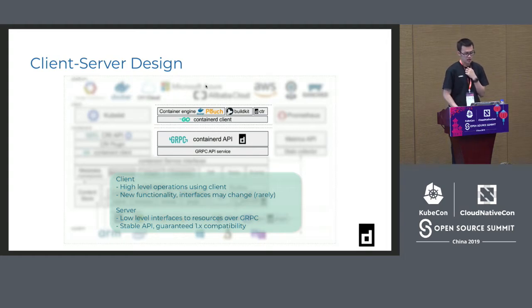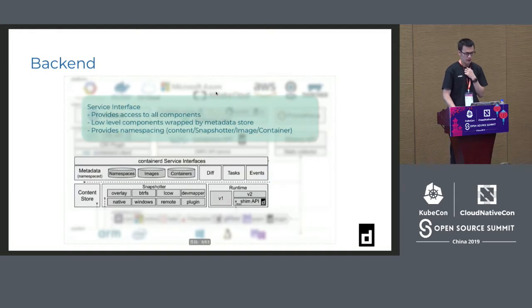For example, Docker engine and others, etc. So this says that containerd would like to be integrated into large systems. So this is the client, and on the service side we have different modules such as content and runtime, etc.